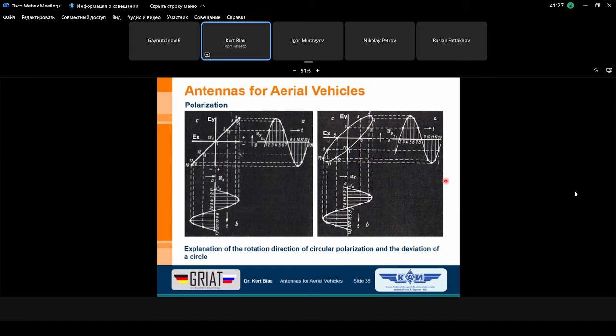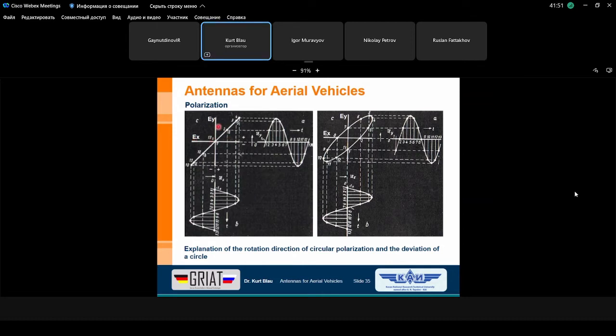Okay, here I have tried to explain what happens if we look at two crossed dipoles. Let's say we have one dipole here along this y-axis, and the other dipole is located in this plane.